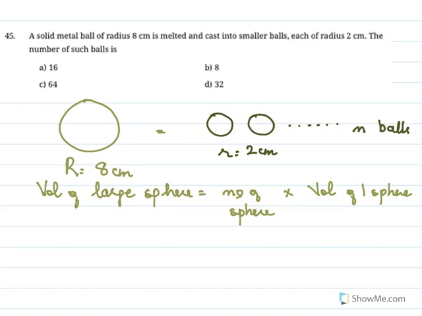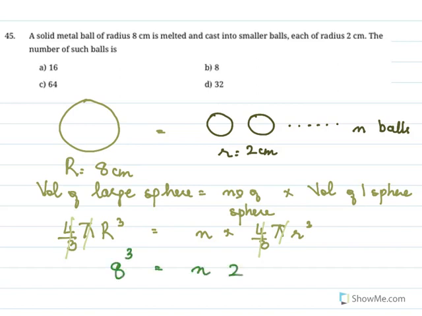So the large sphere here is 4 by 3 pi r cube. This is n volume of small spheres, 4 by 3 pi small r cube. So pi will cancel, 4 by 3 will cancel. Now we put the values. We know the r here is 8 cube equal to n, and the small r is 2 cube.